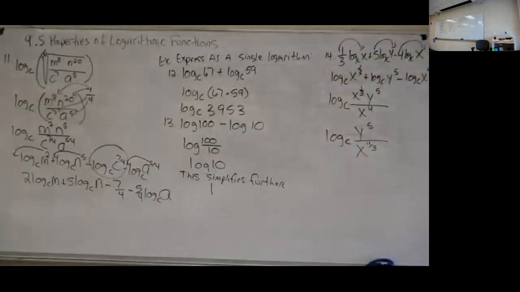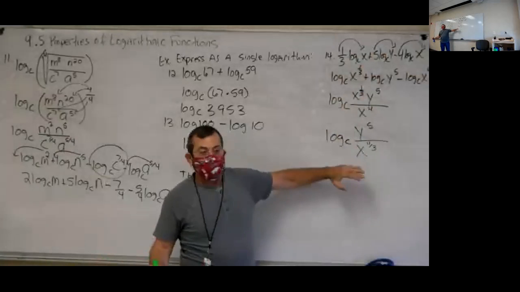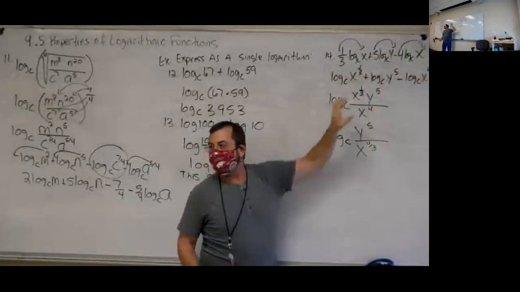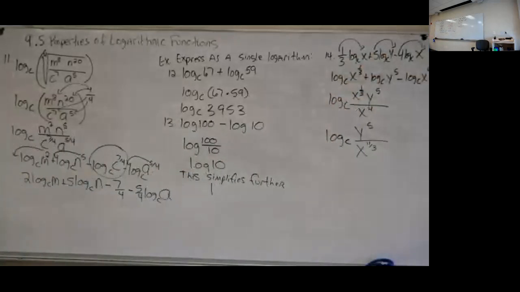Let me see where y'all are at. That's it, perfect. And then, since I got y's on top, x's on bottom now, I'm done. Y'all just remember, you cannot have single variables over the matching variable. You have to subtract the exponents, and the trick is to subtract the smaller exponent from the larger exponent.